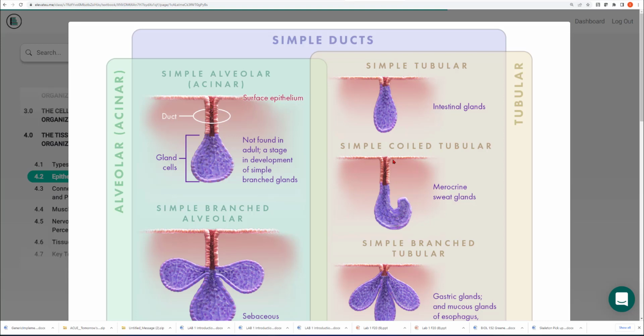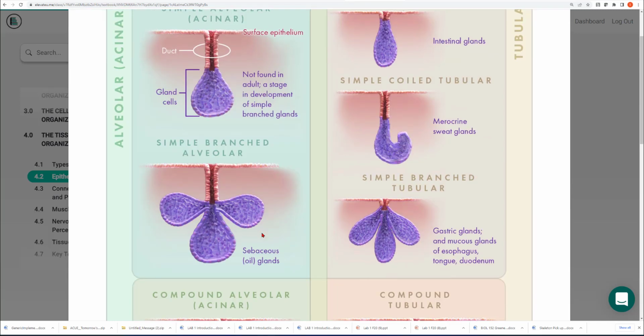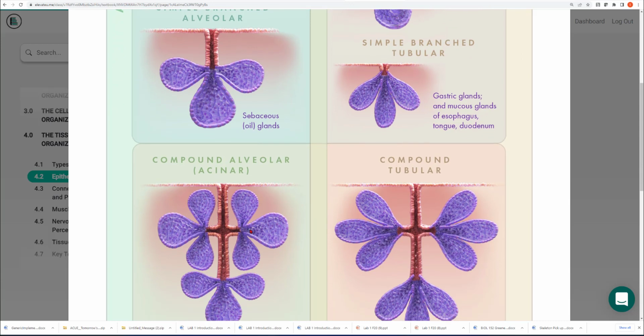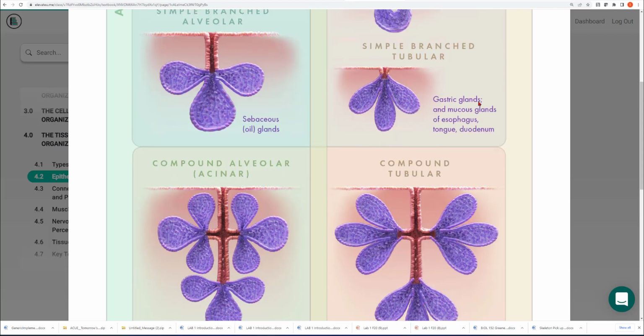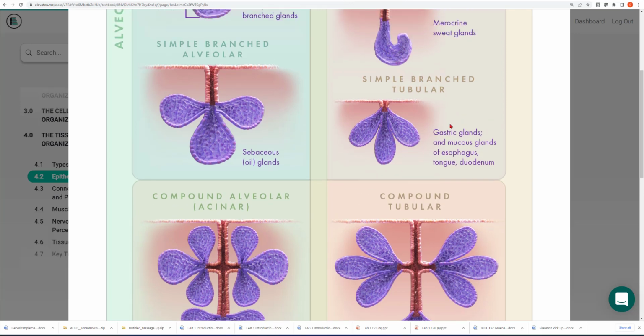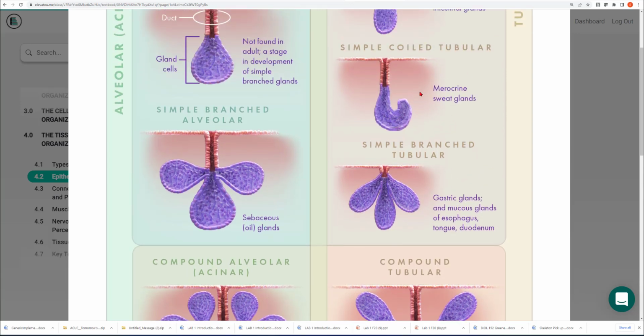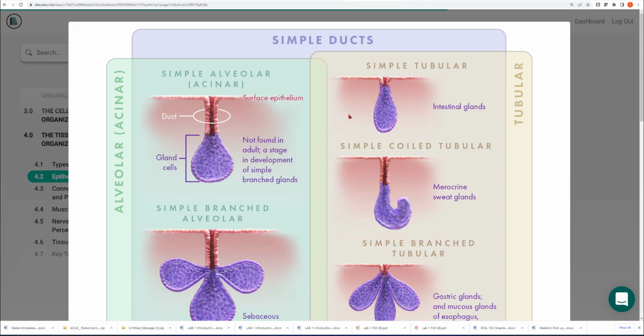And that is true of all of these different types of glands. Okay, so again, this is what your breast glands, your mammary glands, your oil glands of your skin, the glands that make digestive products in the stomach, your other kinds of sweat glands, all of these are all different types of exocrine glands.